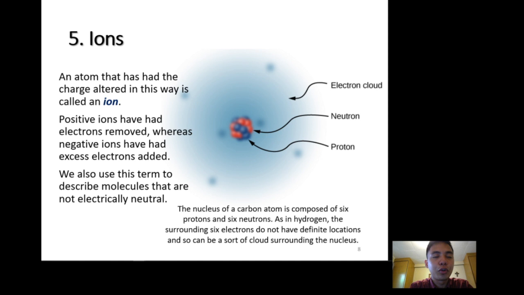Okay, so we use this term to describe molecules that are not electrically neutral. Yeah, they're not electrically neutral. So we will see it later, no. So for example, the carbon atom, and also for that.